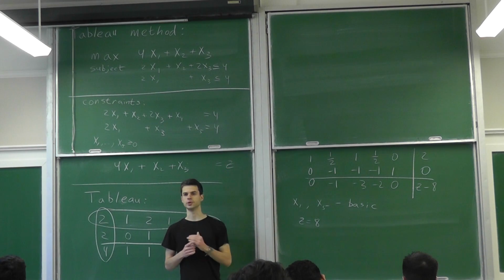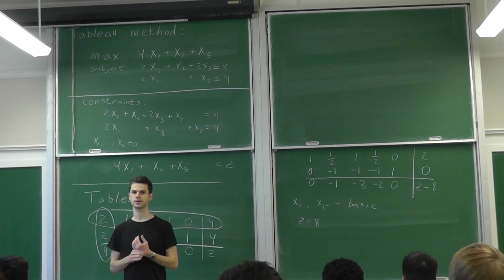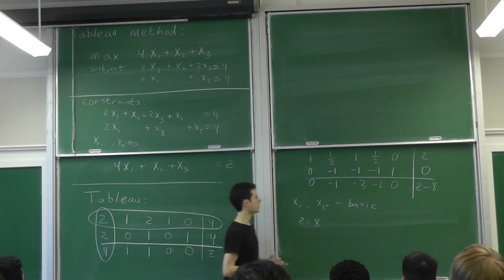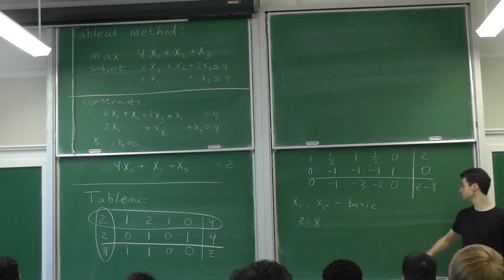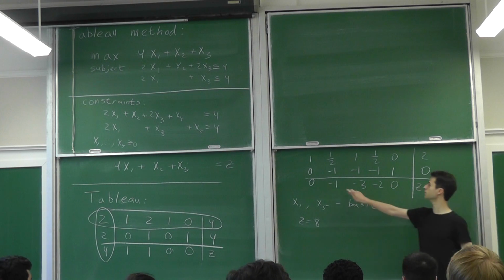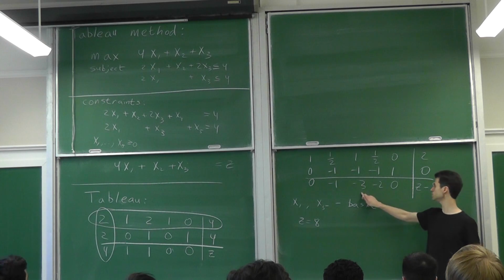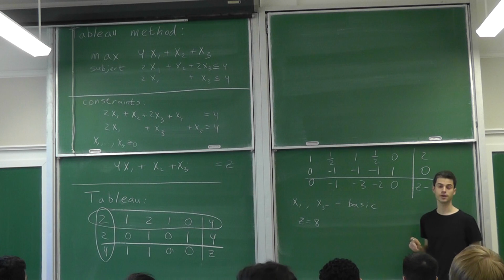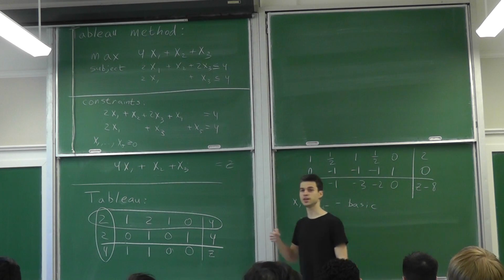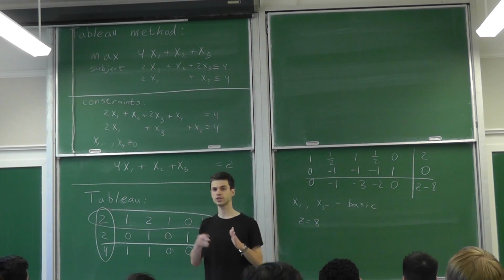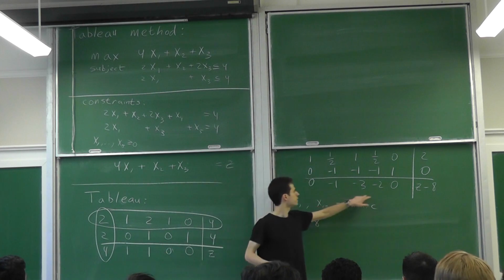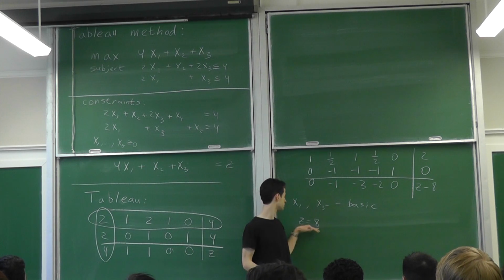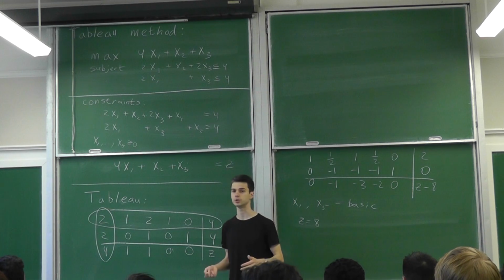And is this optimal? Yes. Why? Basically, this row tells me z minus 8 is minus x2 minus 3 times x3 minus 2 times x4. So it is always negative because x2, x3, x4 are always non-negative and they come with negative coefficients. So z is at most 8 for any solution.